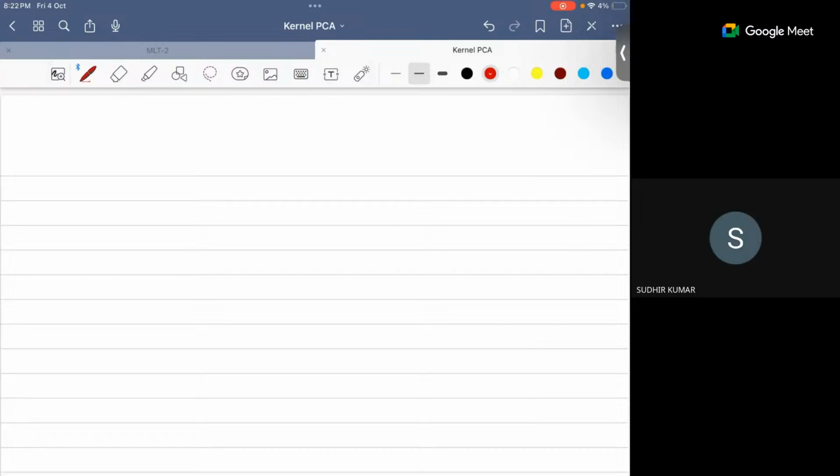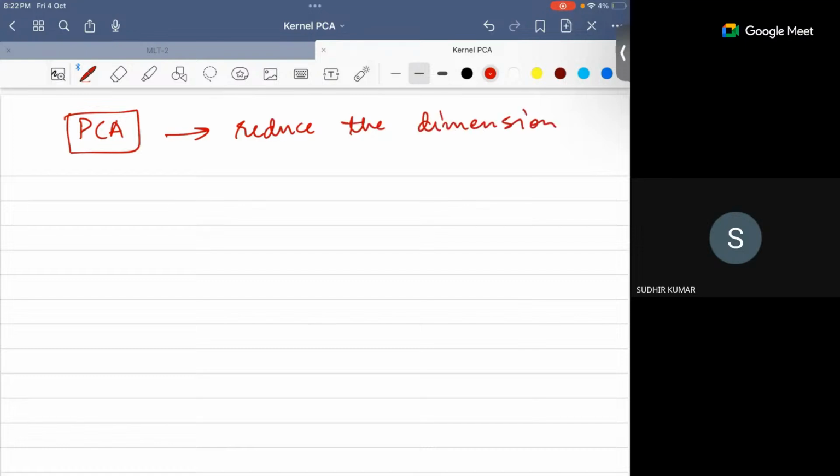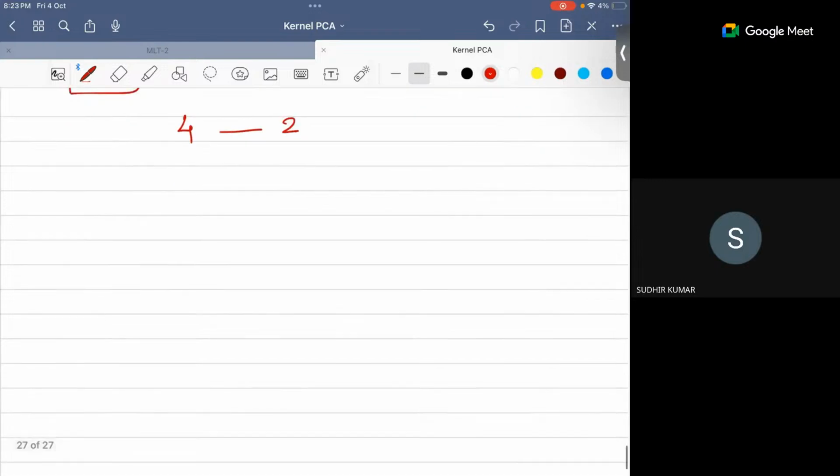Okay. So we have done the PCA. In the PCA, we were trying to reduce the dimension. For example, we came from 4 dimensions to 2 dimensions.